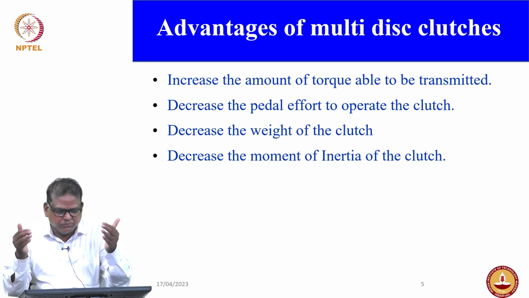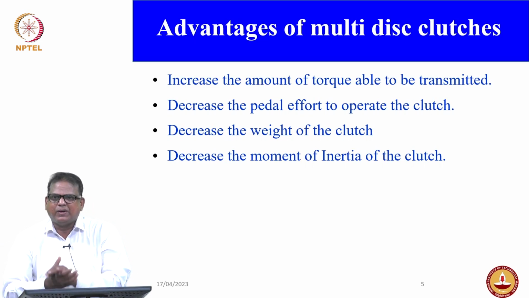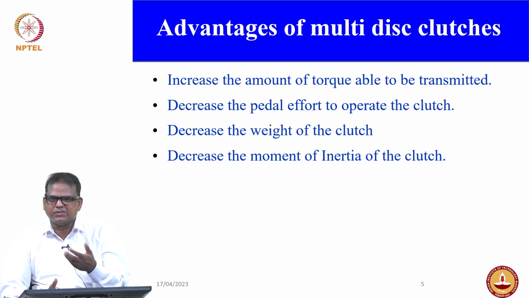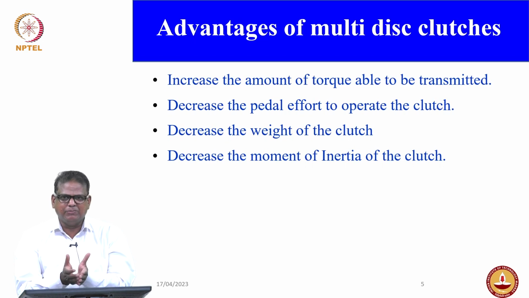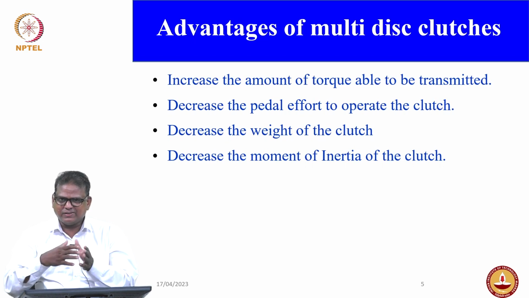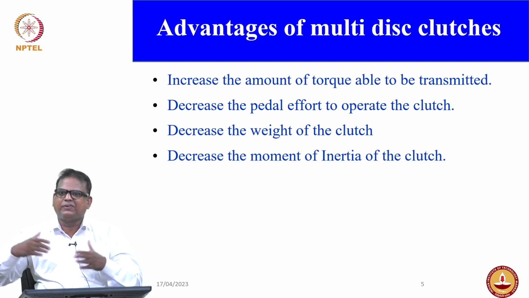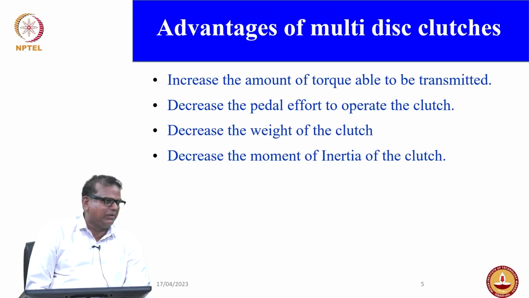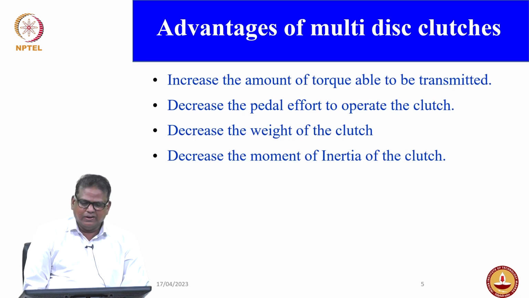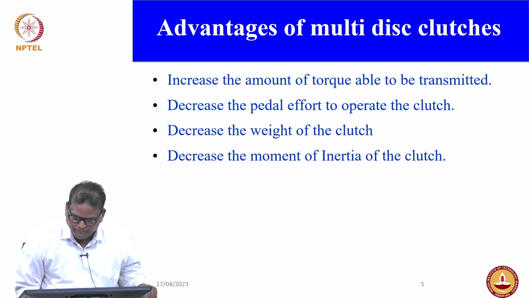The moment you reduce overall weight, your specific fuel consumption will be improved. And one more thing, the inertia effect can also be reduced. Obviously, with a larger diameter, the inertial effect will be larger, so the moment you reduce the diameter, the inertial effect also can be reduced. That is one of the advantages of having a multi-disc clutch system.